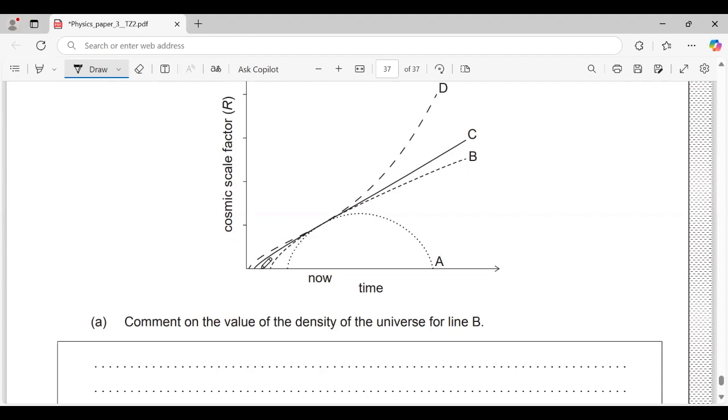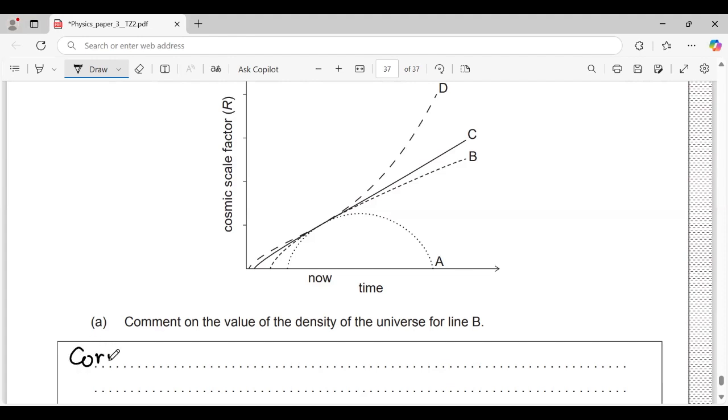This line is asymptotic to curve A. Asymptotic means it has no intercept point. So line B has no intercept point with curve A.